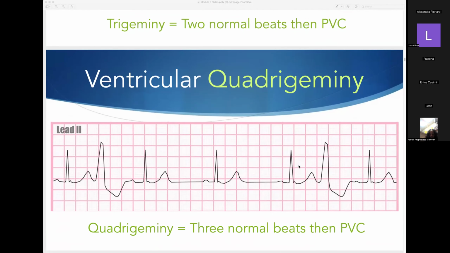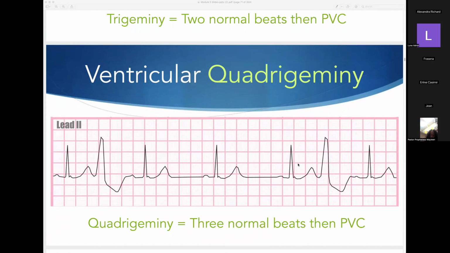Then we have ventricular quadrigeminy, and quad means four. So that means the PVC is number four. Remember, sometimes you have to look at the second PVC because the normal heartbeats before the first PVC get cut off. This one here looks like ventricular bigeminy, but when you look, you're going to see normal heartbeat, normal heartbeat, normal heartbeat.